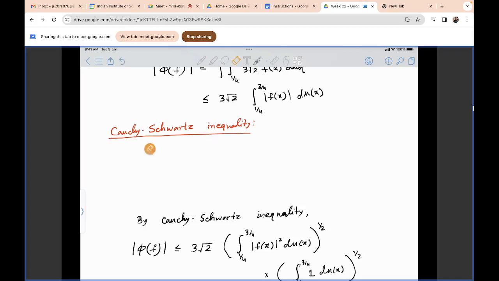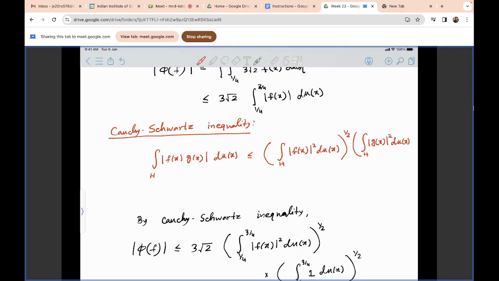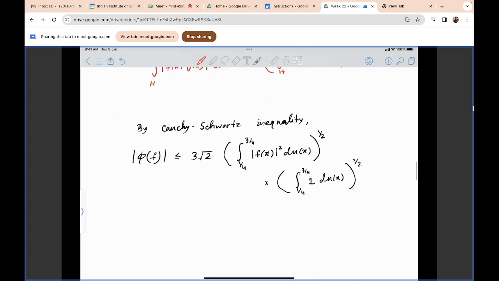It is saying that the integral over H of mod f(x) g(x) d mu(x), supposing this is a Hilbert space over H, is less than or equal to the integral over H of mod f(x) squared d mu(x) to the power half, times the integral over H of mod g(x) squared d mu(x) to the power half. So this is the Cauchy-Schwarz inequality. So we have used this one.